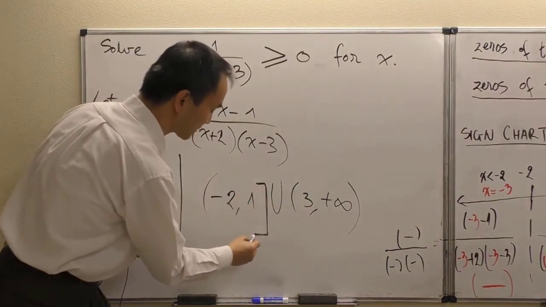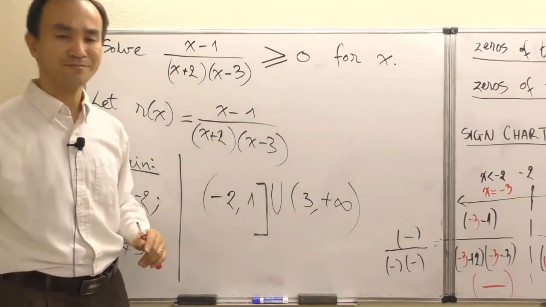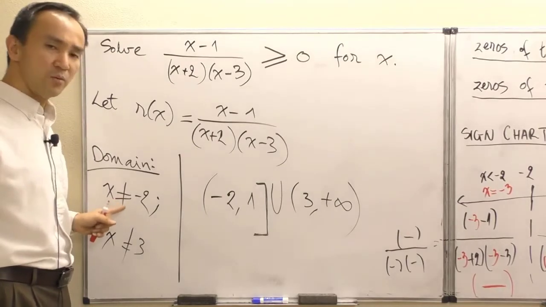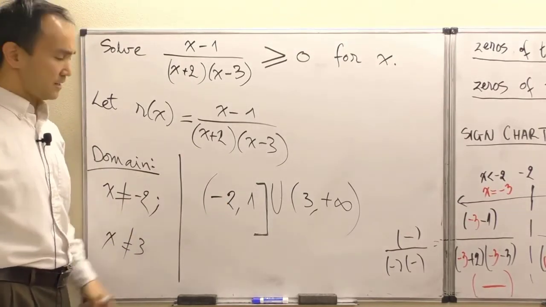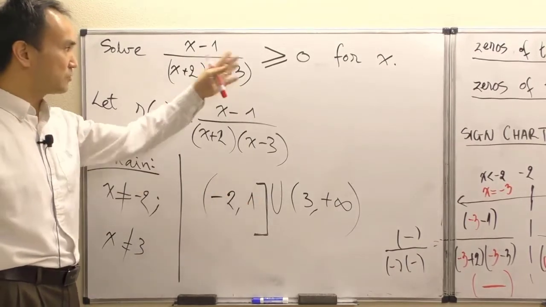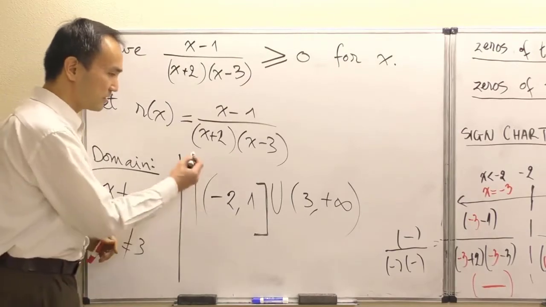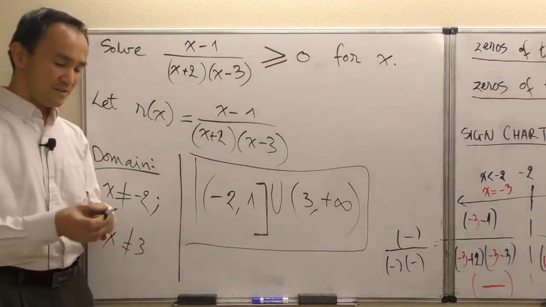So 1 is free from the domain restriction. The domain restriction only indicates that we need to be anywhere except -2 and 3. 1 is not any one of these. So we can include 1 just fine to make this left side equal 0. Ladies and gentlemen, now your answer is done.